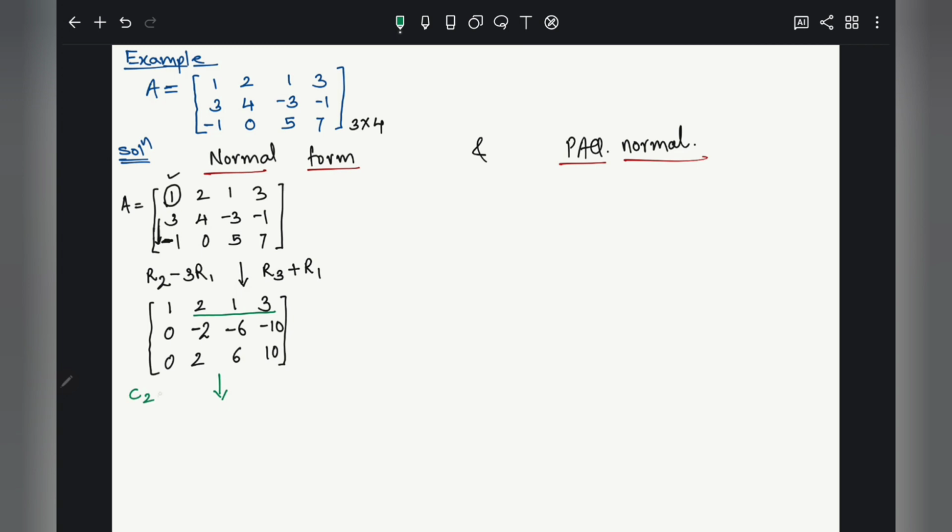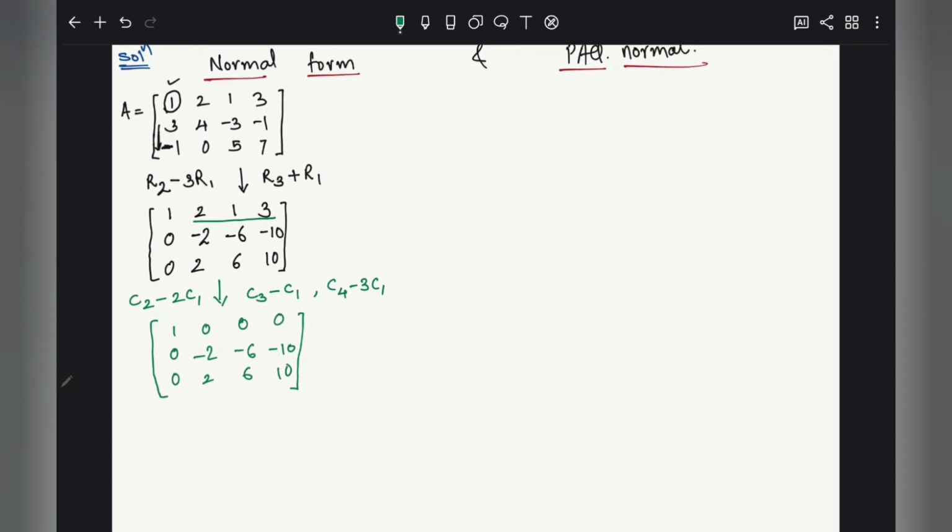I can do C2 minus 2 C1, C3 minus C1, and C4 minus 3 C1. By these column operations, I will get this entry as 0, this entry as 0, and this entry also as 0. So this is going to be my next step.